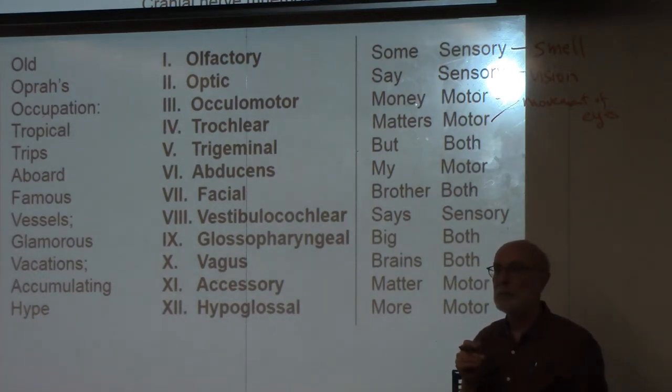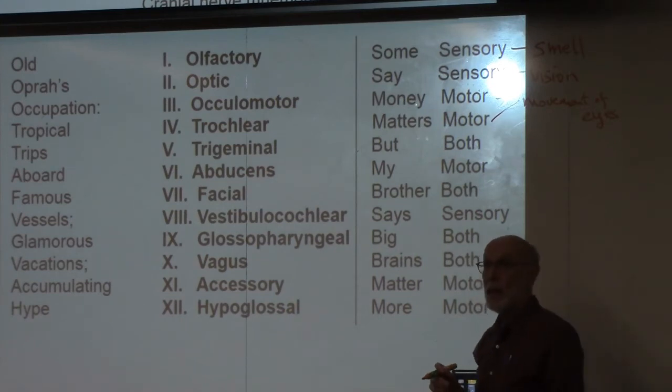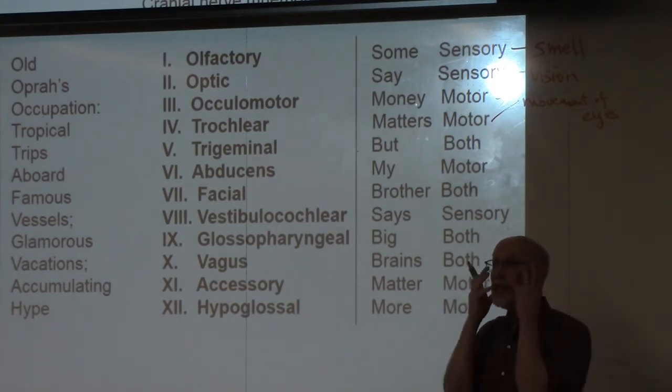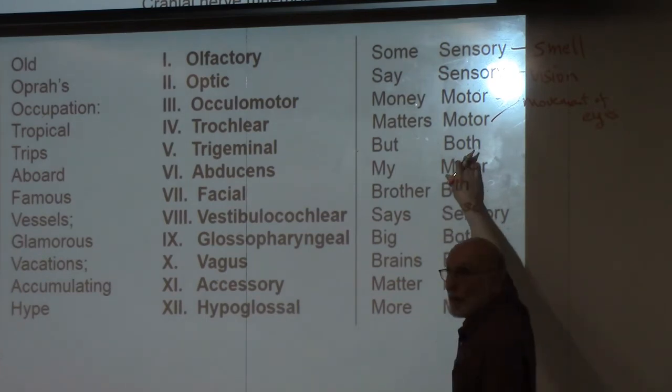So that's motor, right? So the sensory is sensation of the face, and the motor is movement of the face, some of the movement of the face. So both. That's what both means, both sensory and motor.